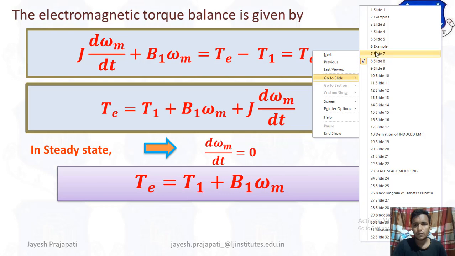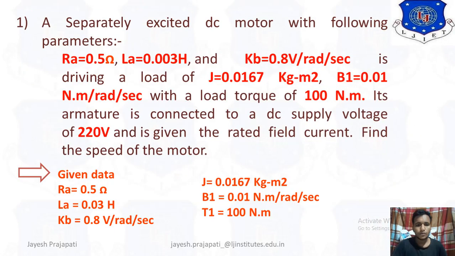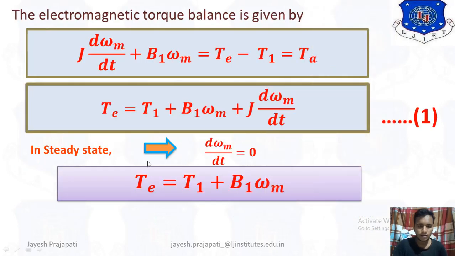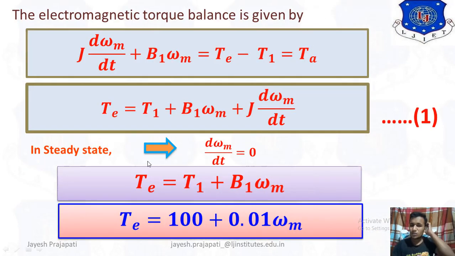You can see T1 is 100, J is 0.0167 and B1 is 0.01. So we insert these in this equation. Then Te is equal to 100 plus 0.01 omega m, that is equation number 2.